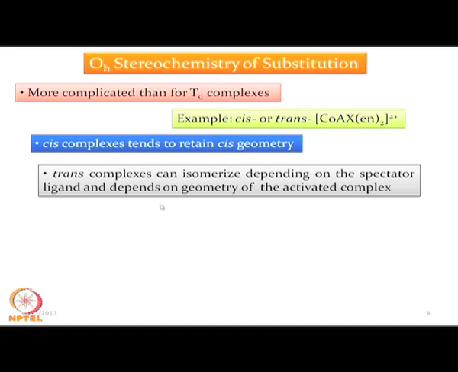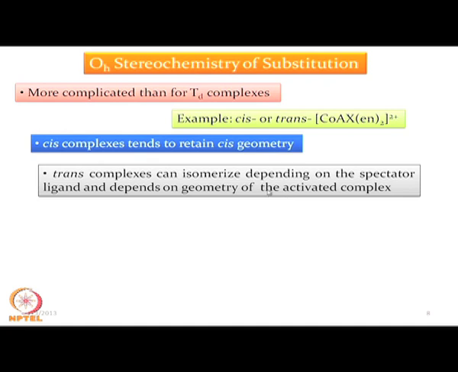Excuse me. If we react both the cis and the trans compounds with the hydroxide groups, the OH groups, then we will find that the OH group can react differently with the cobalt complex.